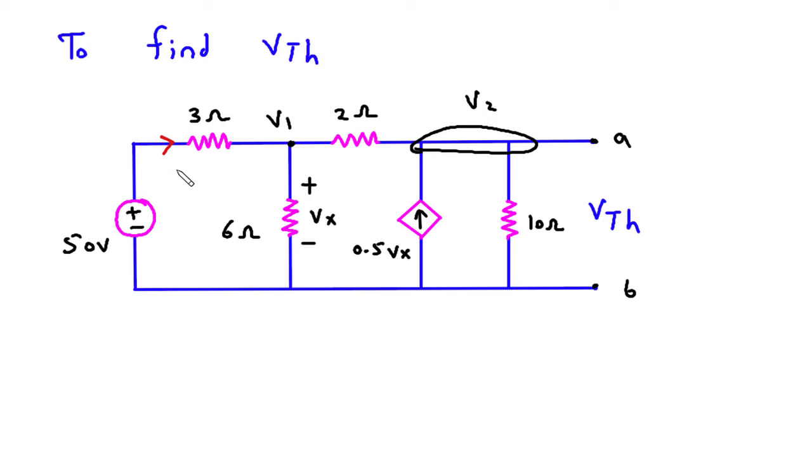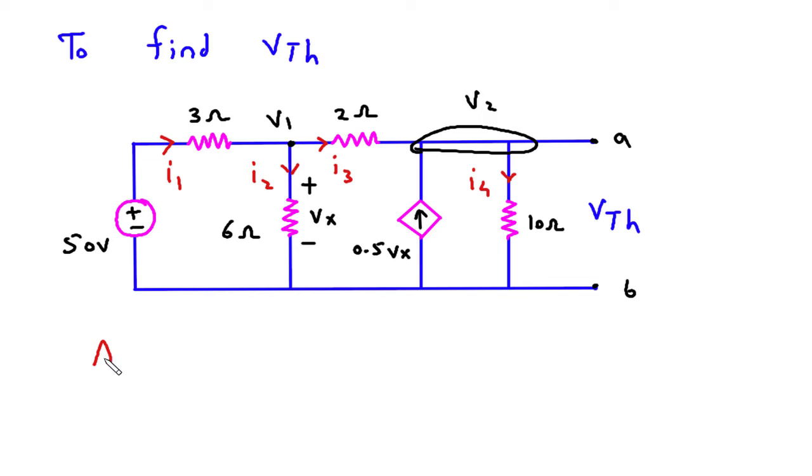Let's say this is current I1 and this is current I2. This is current I3. This is current I4. Now we have to find this VTH. VTH is equal to V2. So we have to find V2.